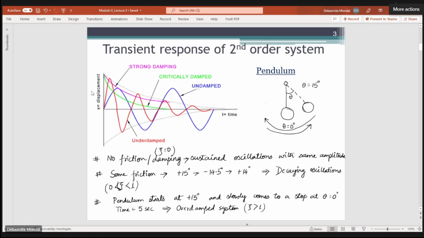In a critically damped case, a similar response is followed: the pendulum starts from plus 15 degree, reaches theta equals 0 degree, and stops at the equilibrium position, and the time taken for this is the minimum amount of time. Then it is known as critically damped, and for this the value of zeta is equal to 1.